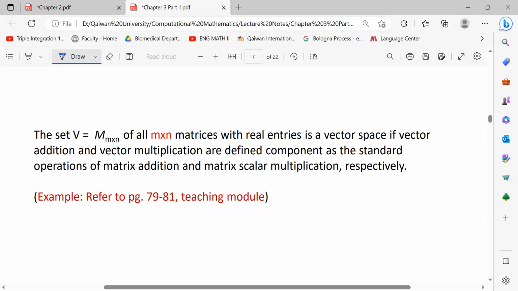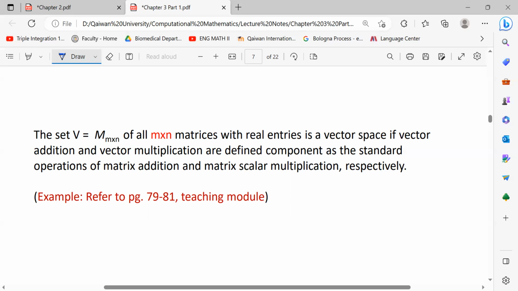So the condition here is that the matrices that we get must be in the form of M by N. That means we must get M rows and N columns. Adding two matrices of this size, we get a matrix of the same size. That's closed under addition. For closure under multiplication, if we multiply any matrix by a value, we get a matrix of the same size.